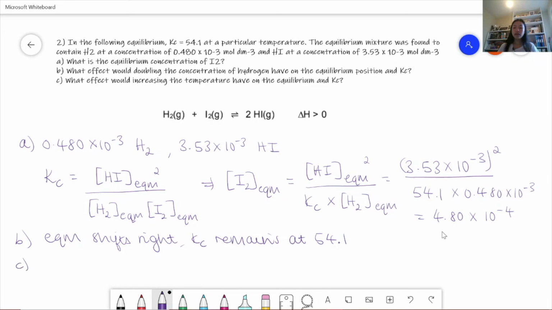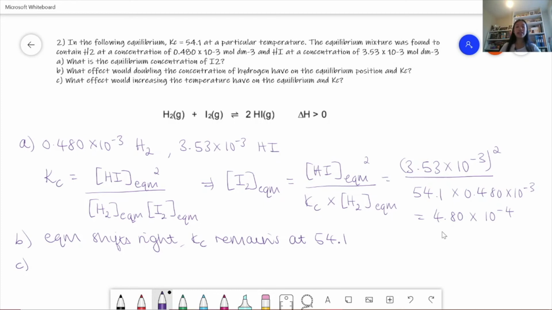For C, what effect would increasing the temperature have on the equilibrium and Kc? When we increase the temperature, the equilibrium acts to decrease the temperature, so it favours an endothermic reaction.